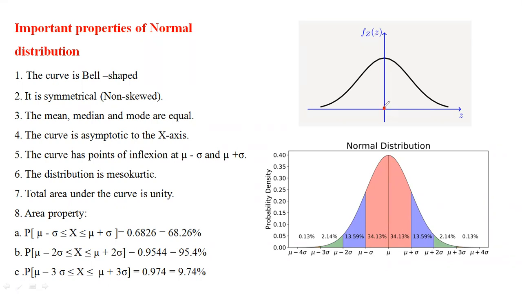This is the point which divides the area under the curve into two equal halves. Here is half of the area, and the right side of this line is also half of the area. Therefore this is the point which divides the total area into two equal halves, so we call this point the median also.